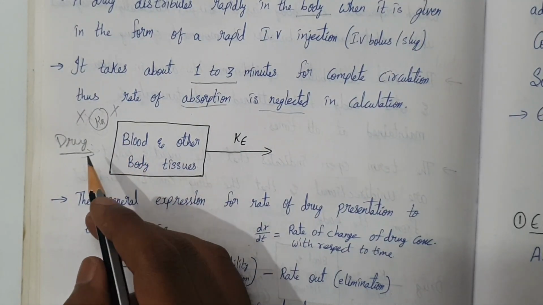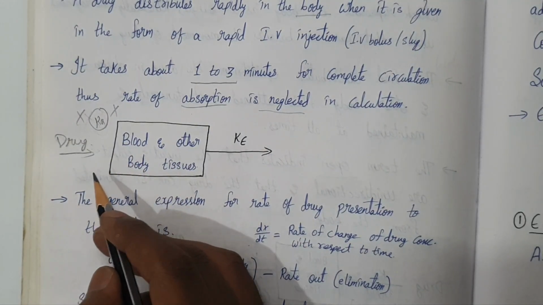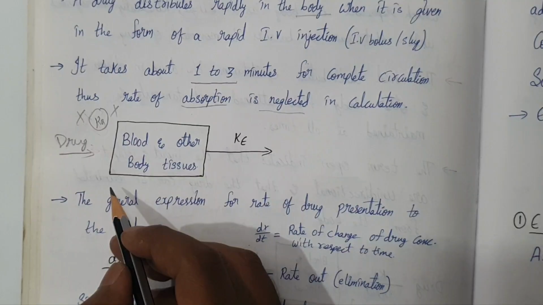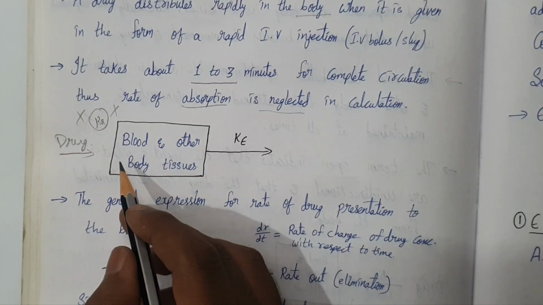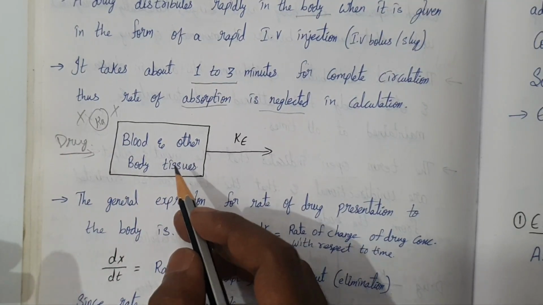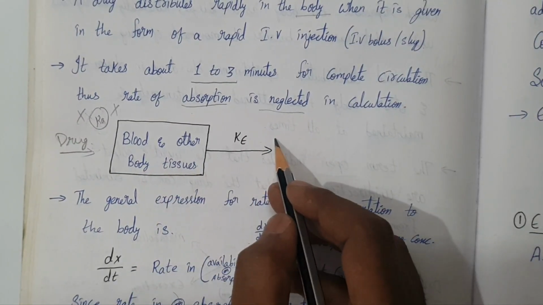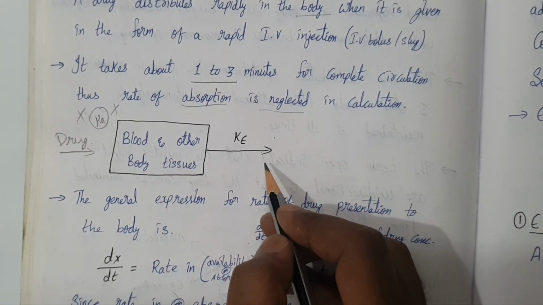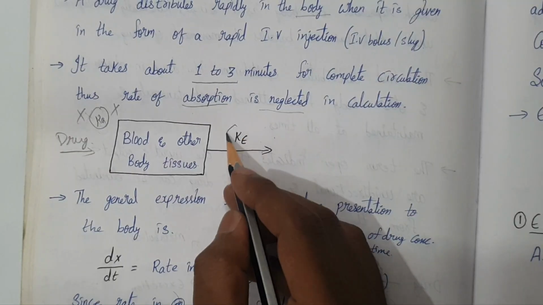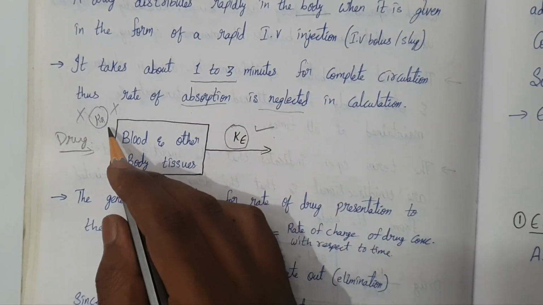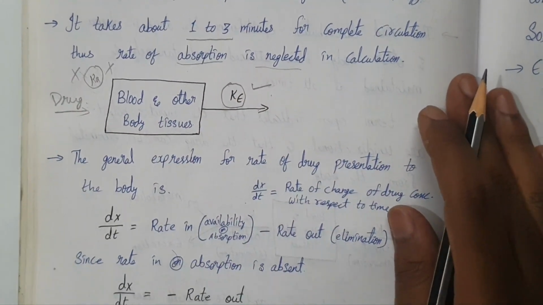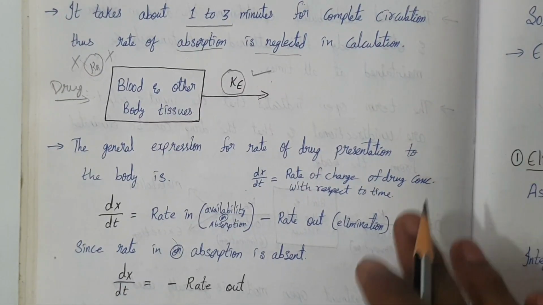We are directly injecting the drug into the vein. So no absorption, direct elimination, meaning distribution, metabolism and excretion will take place. So Ke will be there. No Ka, no absorption rate constant. Only the elimination rate constant will be there.